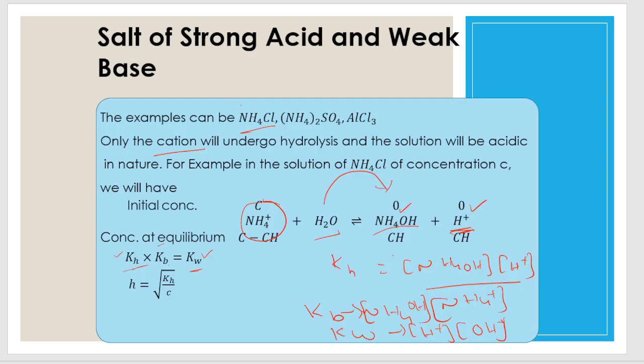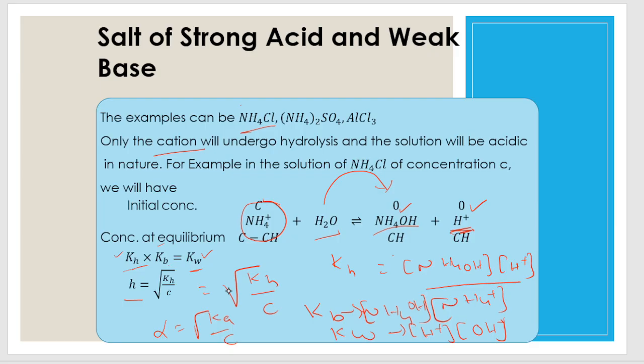Just like alpha for the dissociation of an acid, for the hydrolysis process the degree of hydrolysis is h, which is the square root of Kh divided by C, just like alpha is the square root of Ka by C for weak acid dissociation.